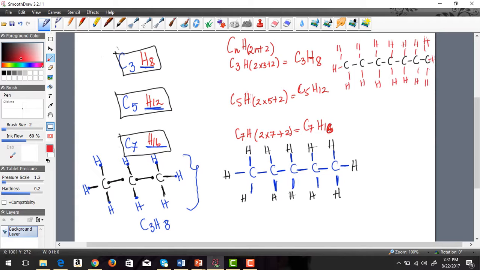Sorry, that little hydrogen is really squeezed in. I don't know if you can see. All right, so we got our C7H16, okay?